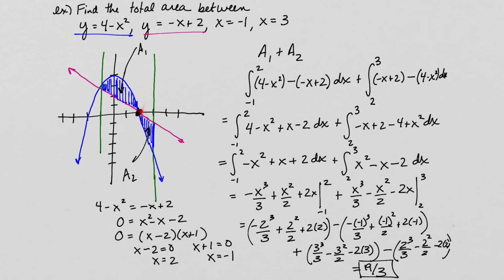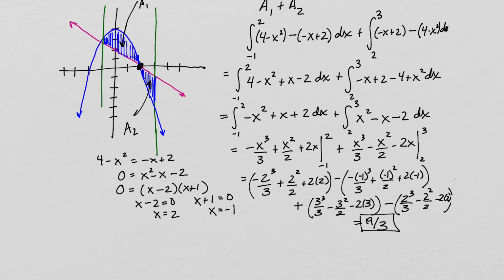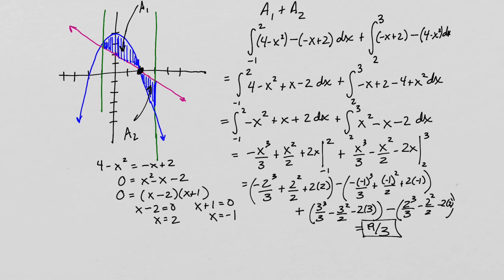But if that wasn't obvious to you, like if you drew a rougher sketch and weren't sure exactly where that happens, you would have to set them equal to find where it was. I could look at it and say this was 2, or you would have had to set them equal to each other to show that it's 2.